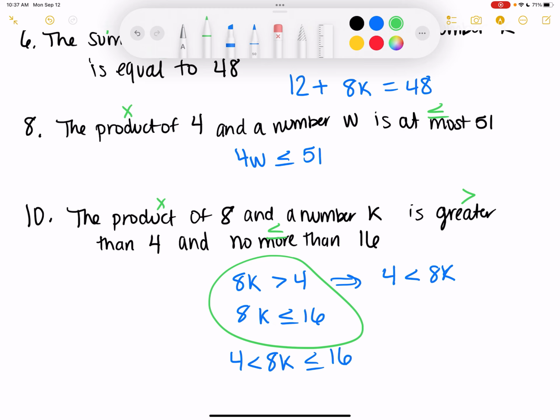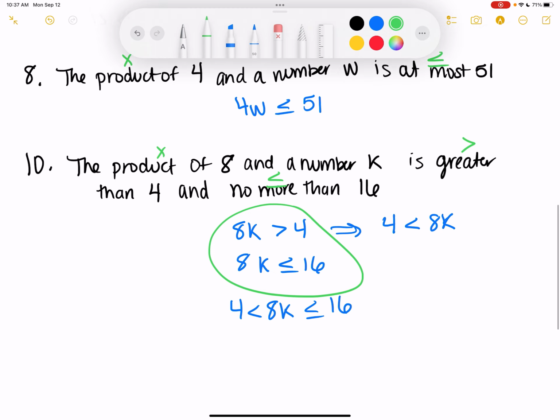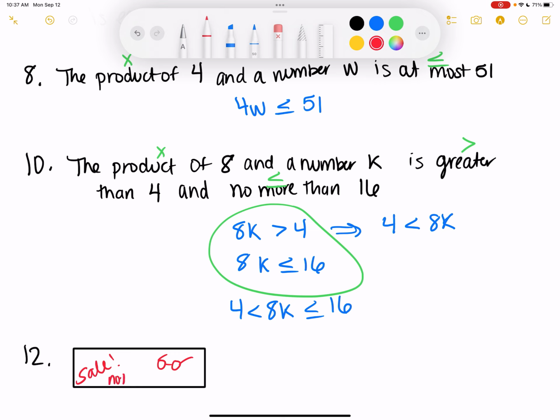All right, so number 12. This one has a little picture with it, a little sale sign, and it's got a little pair of sunglasses with it, and it says nothing over $10.